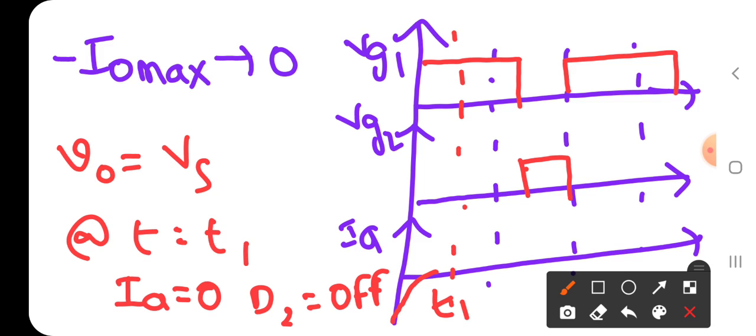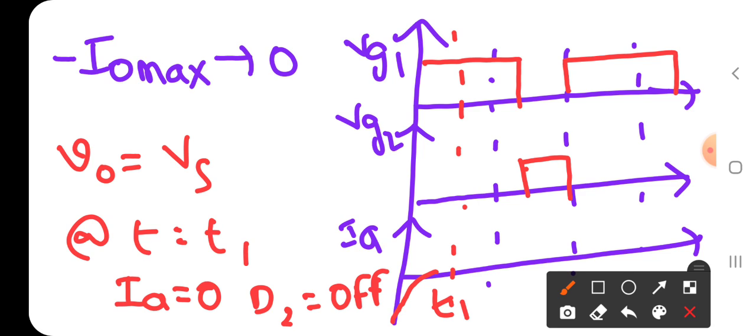When CH1 is turned on, the inductor is ready to take energy in the forward direction.